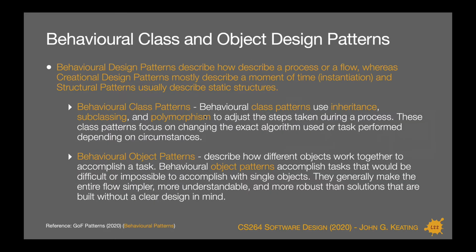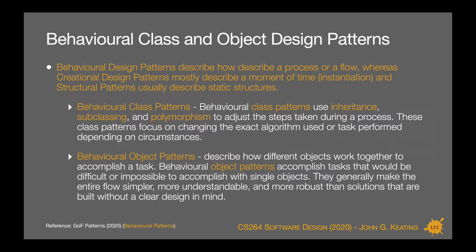When we talk about behavioral design patterns, we sometimes look at behavioral class design patterns and behavioral object design patterns. They both describe how a process or flow works. We saw previously that creational design patterns mostly describe some moment of time, that instantiation, and the structural patterns describe the static structures.